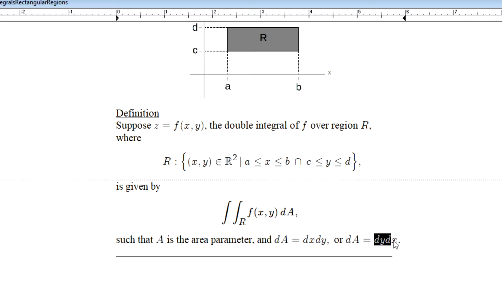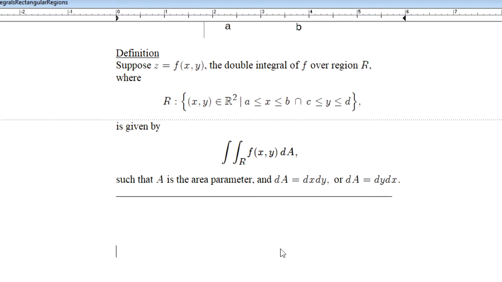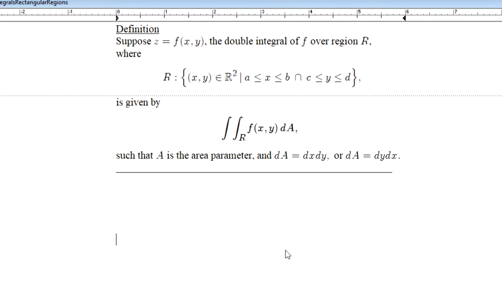And that understanding can occur in any order, which means in terms of calculating this value, we do have what's called Fubini's result, or Fubini's theorem.